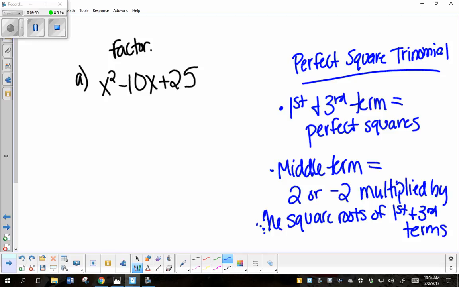So if you want to pause and write those down, that might be a good idea if you like having a list written out like that.